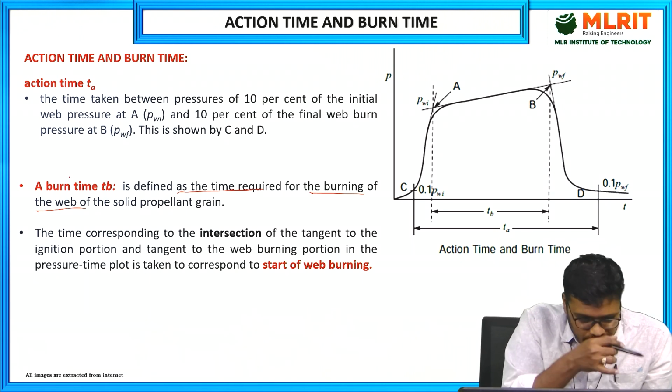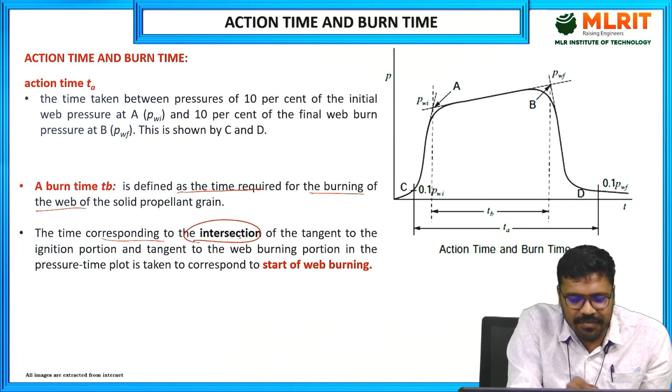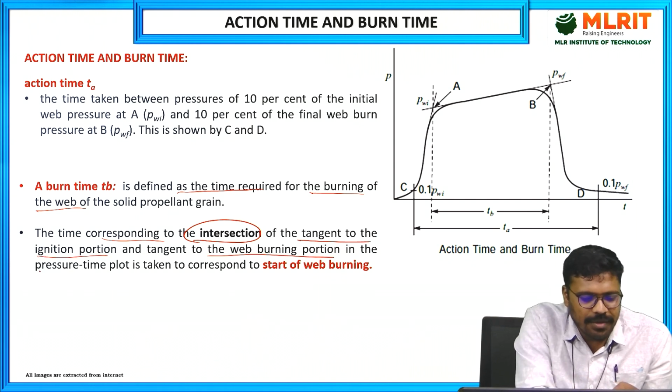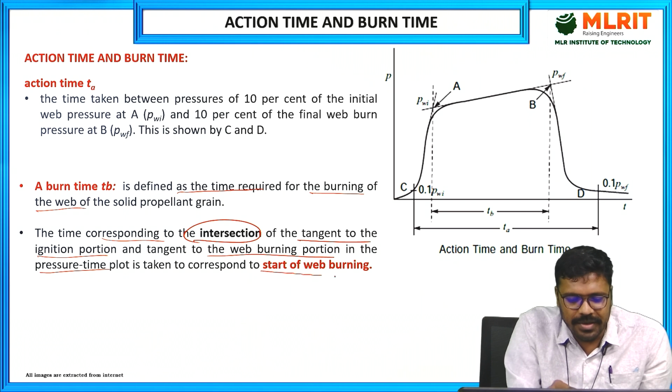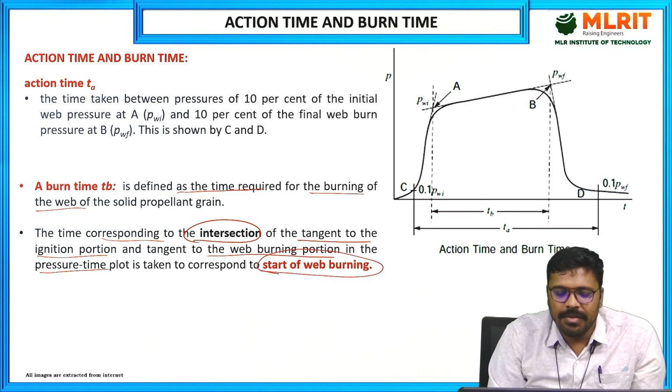The time corresponding to the intersection of the tangent to the ignition portion and the tangent to the web burning portion in the pressure-time plot corresponds to the starting of web burning.